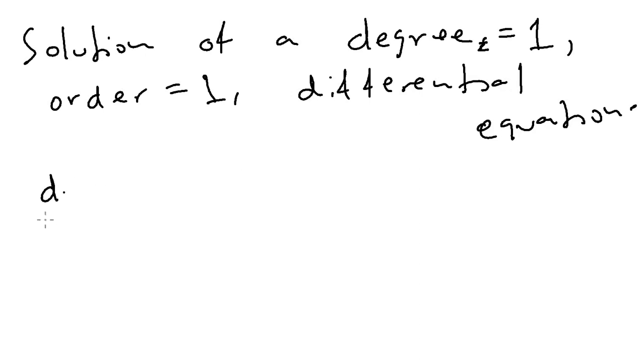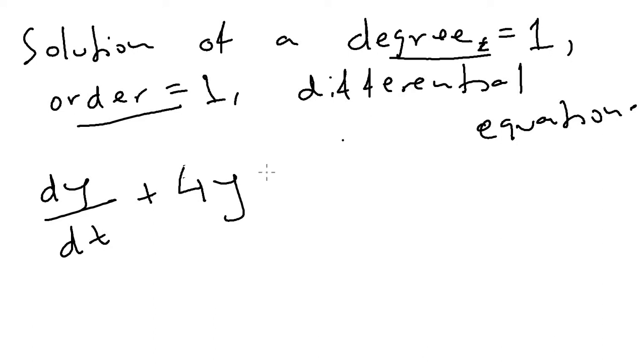So this is the general symbol of a order 1 degree 1 differential equation. I'm sorry, I'm making the same mistake again. This is going to be V, not 4. So this is the symbol of a order 1 degree 1 linear differential equation.